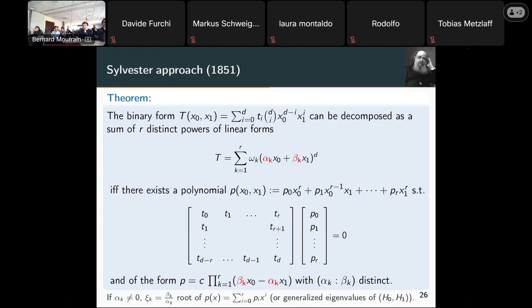This represents a polynomial. We compute the roots of this polynomial. So here we are in the projective setting. So the roots will be alpha k, beta k. So we have a factorization of P in this form, and the alpha k, beta k are exactly the coefficients. This is what Sylvester proposed in 1851.